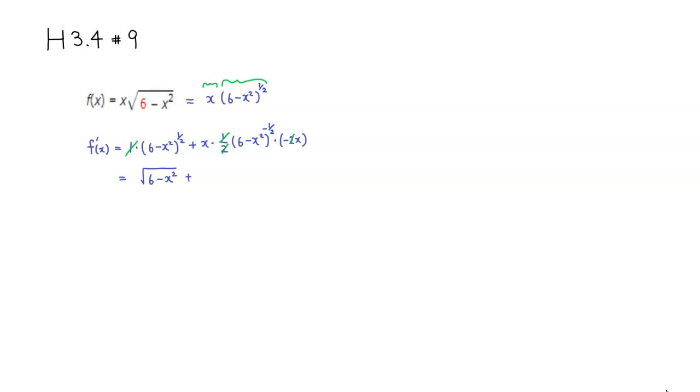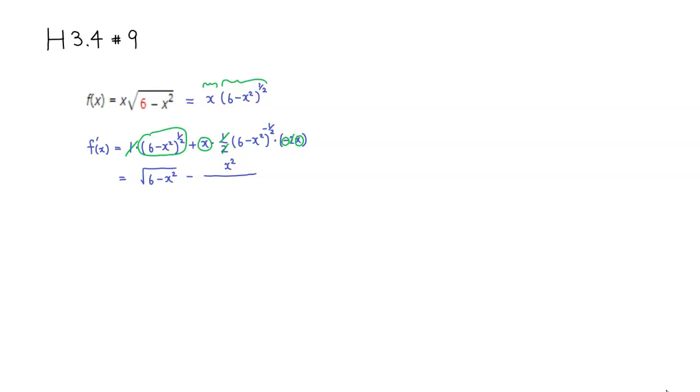And plus, that takes care of the first term. Then we have x and another x, oh actually there's a negative sign here, so it's going to be a negative x squared on top. So I'm going to put the negative sign in front and put the x squared on top.